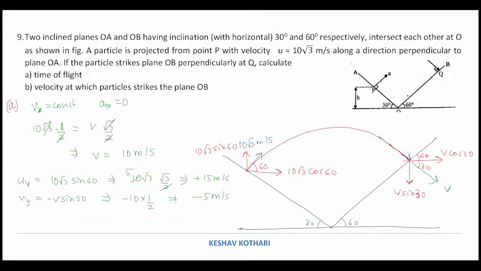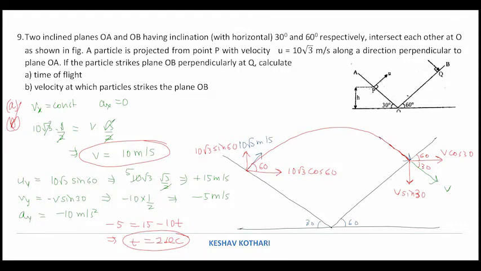The acceleration along the y-axis is minus 10 meter per second square. Using v equals u minus 10t, we obtain t equal to 2 seconds. So parts A and B are both solved. The time of flight is 2 seconds and the velocity with which it strikes the plane OB is 10 meter per second.